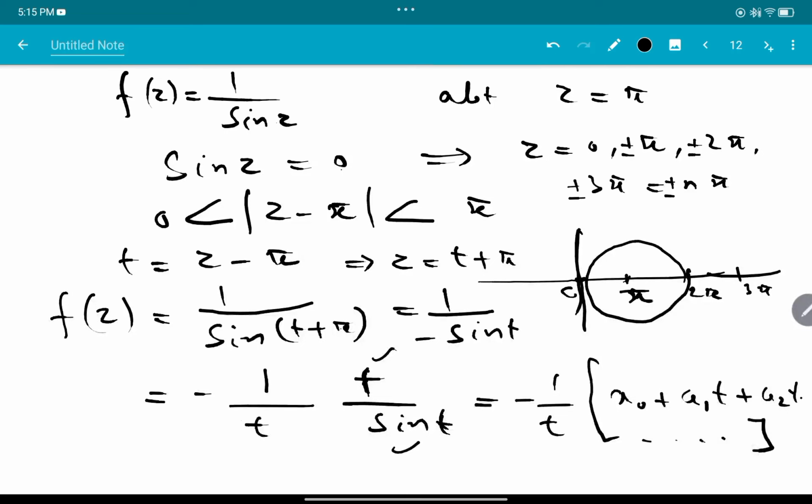You multiply by sine t, expand it using the Taylor expansion, and then equate the coefficients. I will leave that to you. I am 100% sure that it is quite easy for you. That is the end of this lecture. We will now go on to explore singularities of functions.